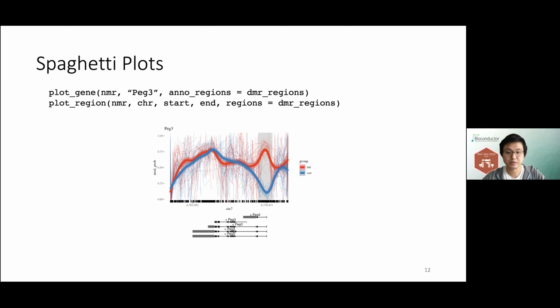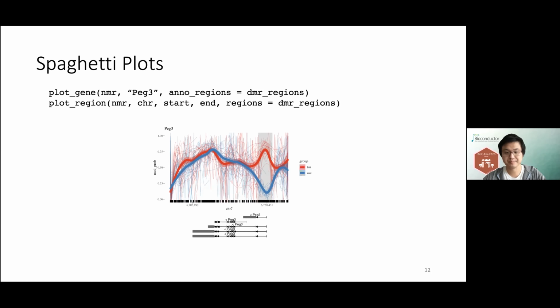Each of the individual thin lines here show you the raw data, which is showing you individual long reads and the methylation probabilities smoothed across those. Then you've got a little shaded area in that transcription start site, which shows you where the differential methylation analysis has marked a differentially methylated region.